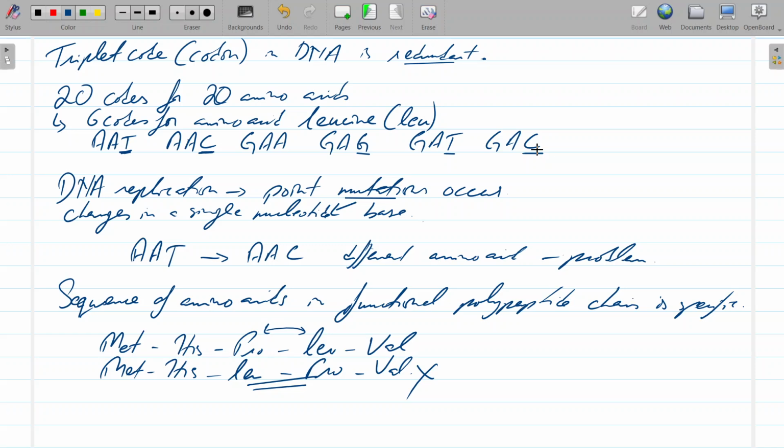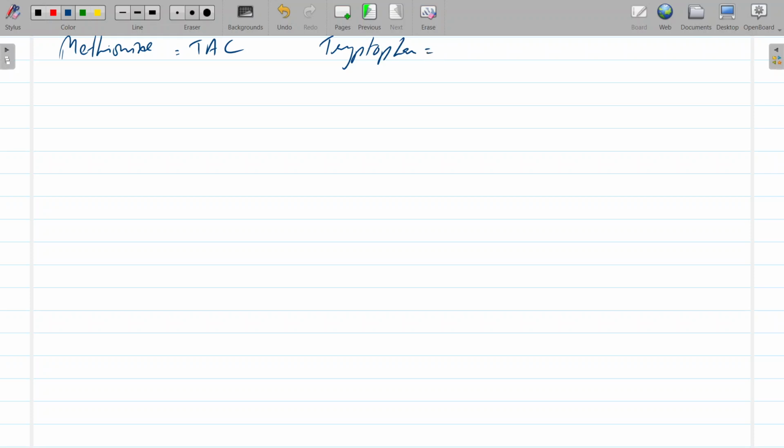Those are methionine, which is TAC, and tryptophan, which is ACC.